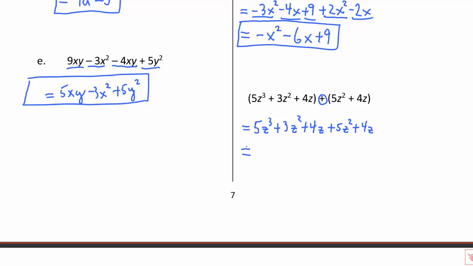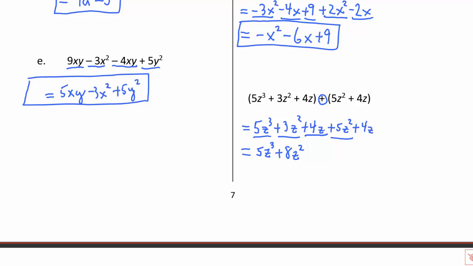Then I just combine like terms. Notice that the highest degree here is 3, so I start with it. 5z cubed, there are no other z cubes, therefore I'm left with 5z cubed here. The next degree is 2, so z squared, so 3z squared and 5z squared, both of those are like terms. 3z squared plus 5z squared is 8z squared.